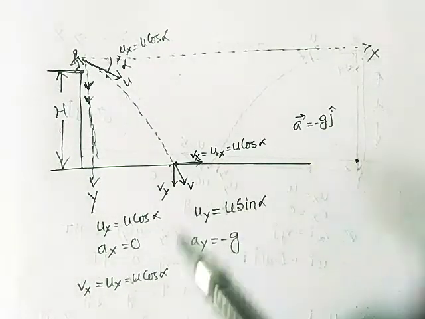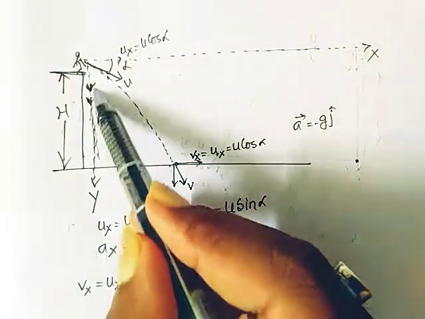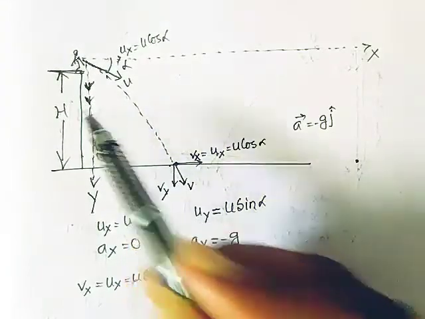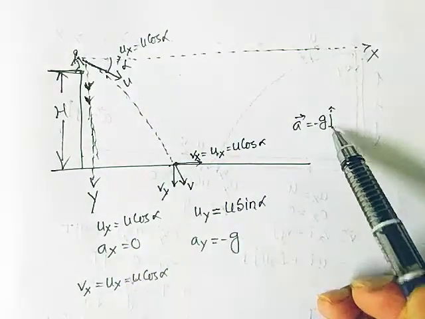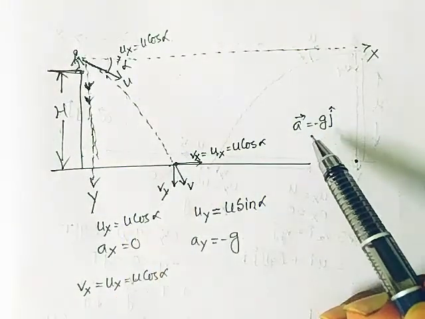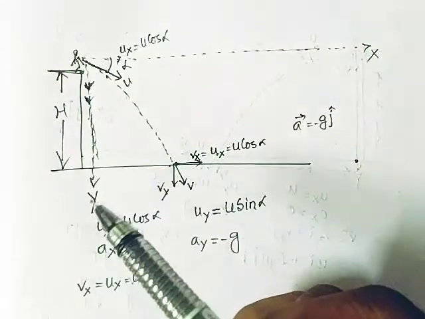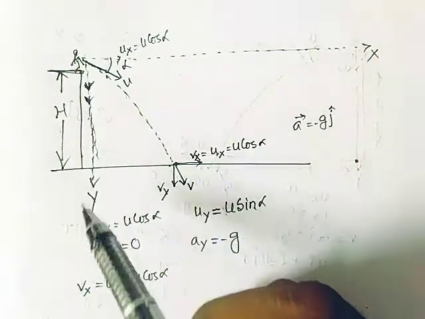But just think about the y component. Uy is acting along the negative y direction. Acceleration a equal to minus g j cap, it is negative, and the velocity is negative, acceleration is negative, so the velocity of the particle at the impact will obviously increase.